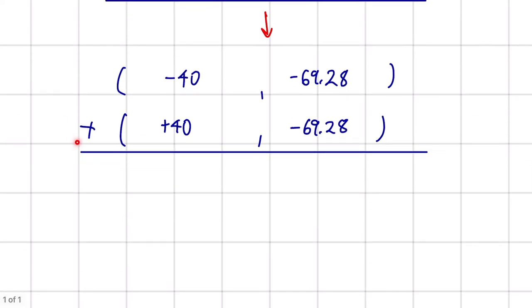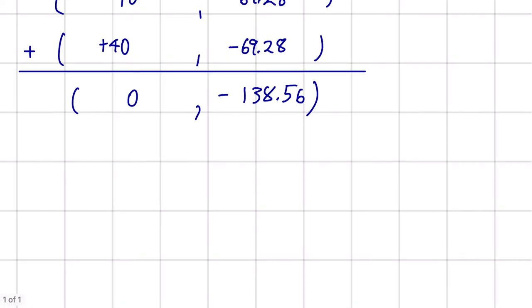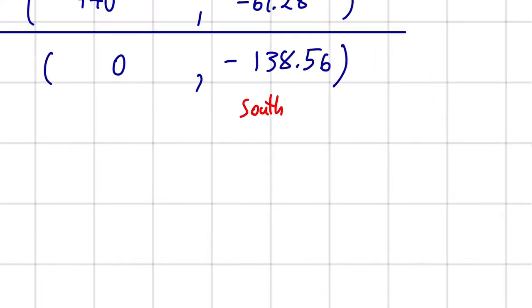And then we're going to add these up to get our resultant vector. So add them up to have a resultant vector 0, minus 138.56. And because this is a negative, it tells us that the direction is south.